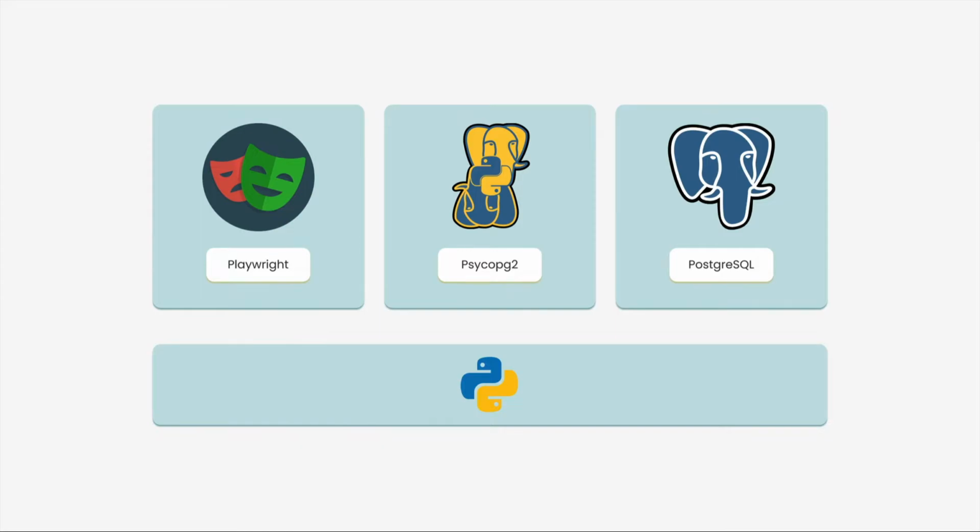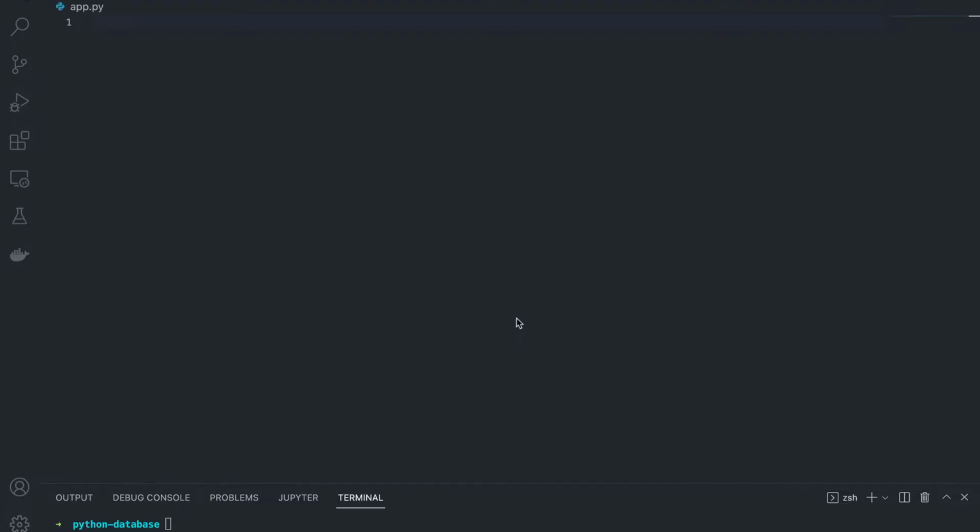So let's get started. Here we are on our text editor of choice, which is VS Code, but of course you can use any other text editor. The first thing, as always in Python, is to import the required libraries.